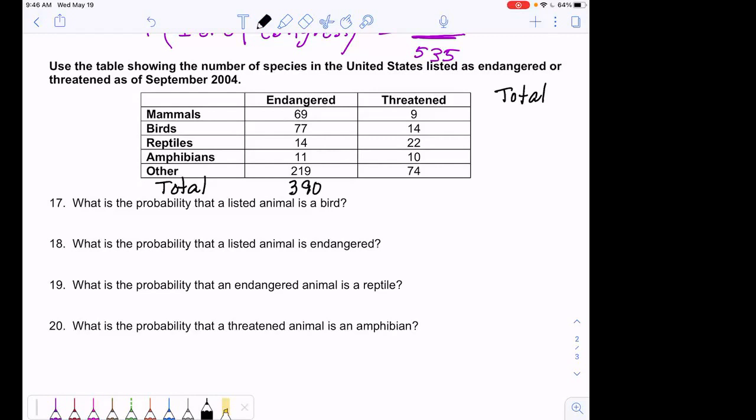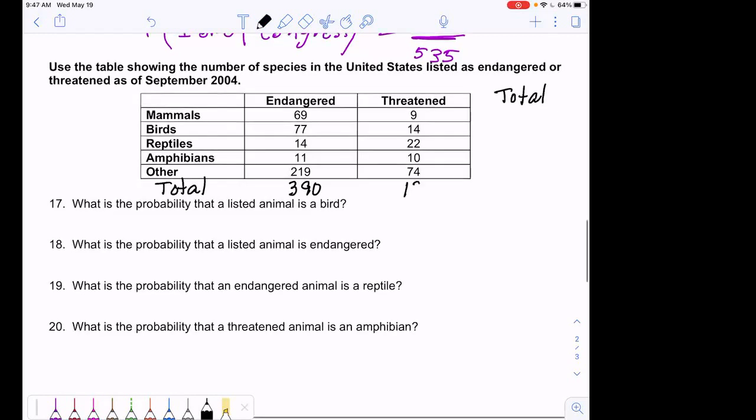And then what do you have for threatened? 129. So make sure you're getting a total. When we add those two numbers together, that's 519. So that's our total. That's the number of endangered and threatened animals. So 519 total different types of endangered and threatened species in the United States.